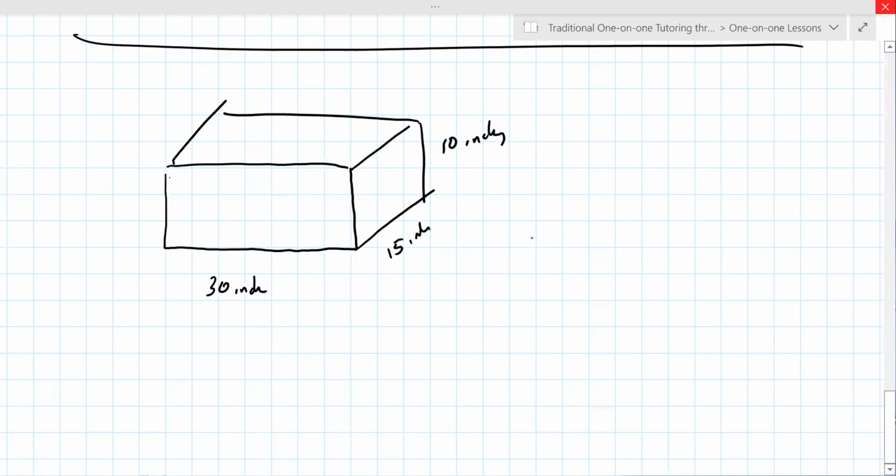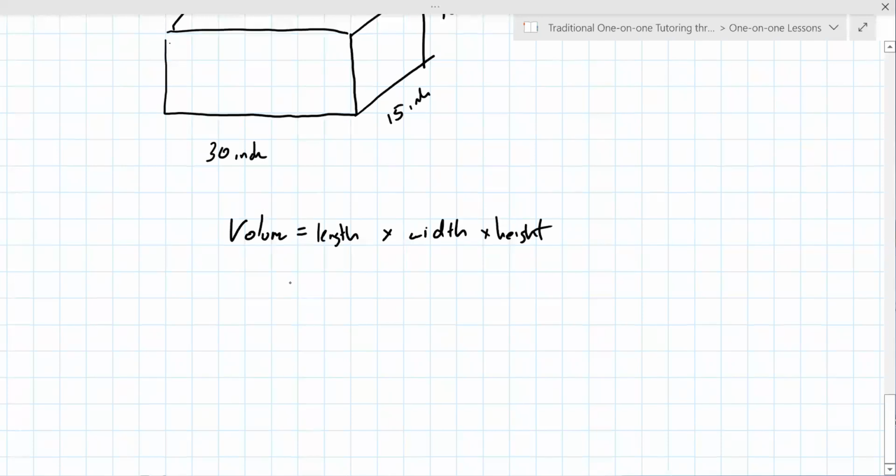So to find the volume, you take length times width times height. So you have to multiply three numbers together: 30, 15, and 10.